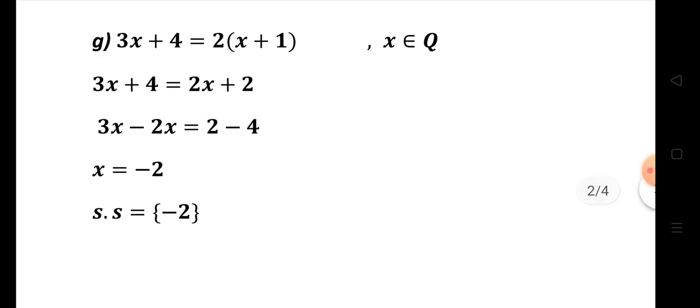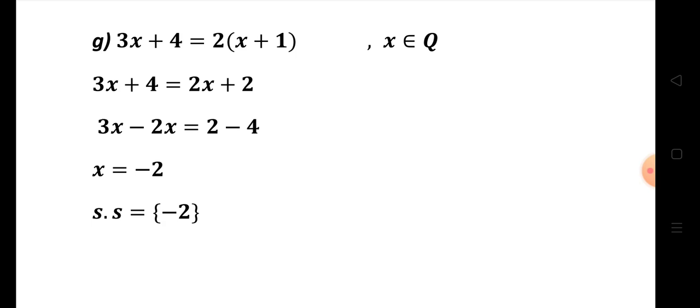The next example, 3x plus 4 equals 2 multiplying by the bracket x plus 1. In this example, I must multiply 2 by the bracket in the second side. So the equation will be 3x plus 4 in the first side as the same, and the second side will be 2 times x equals 2x, and 2 times 1 equals 2.